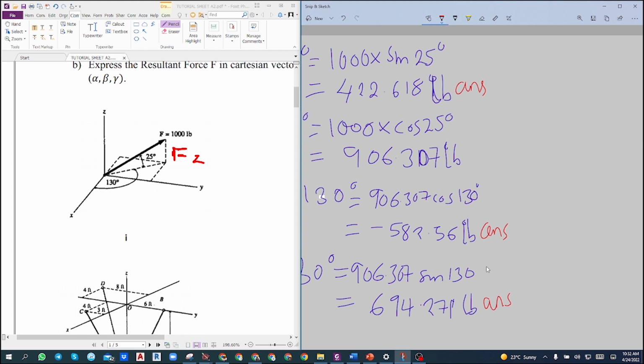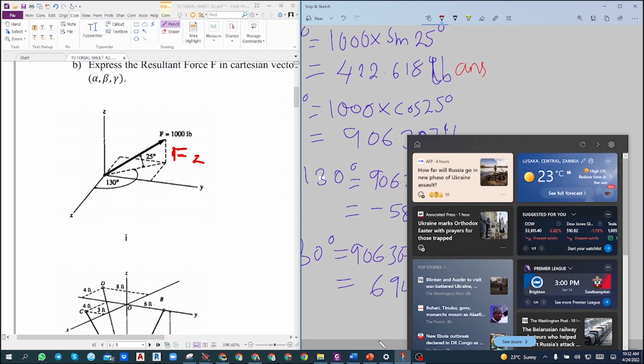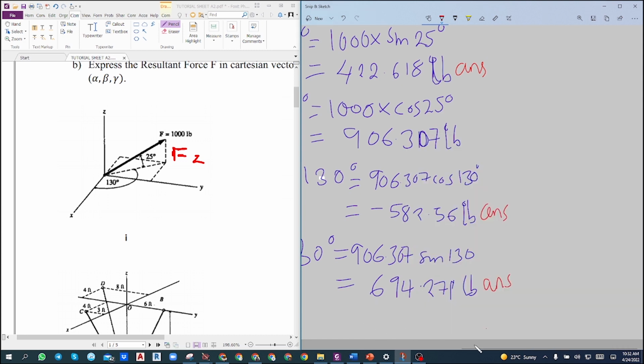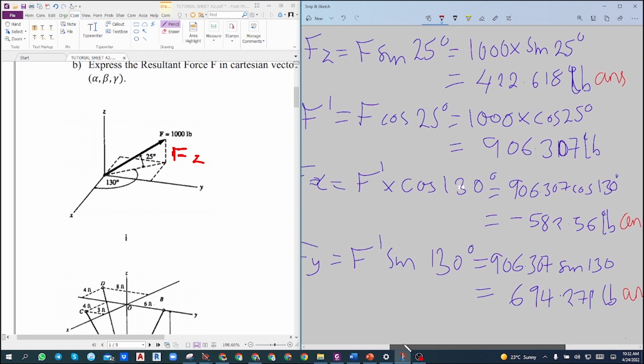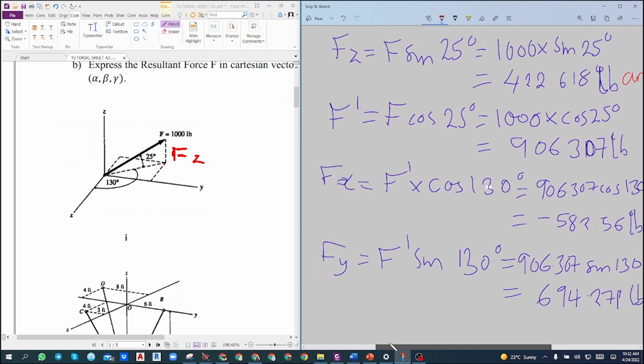For those who are good students, instead of using this 130, you know that coming to the tutorial sheet, the angle between the x and the y axis is 90 degrees. So you can subtract 130 minus 90 and you have your 40 degrees there.